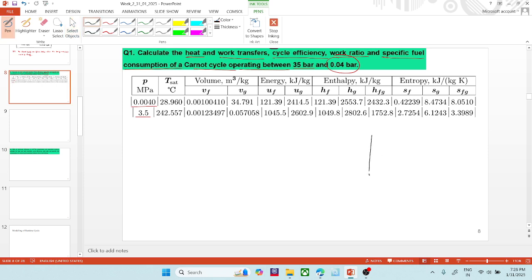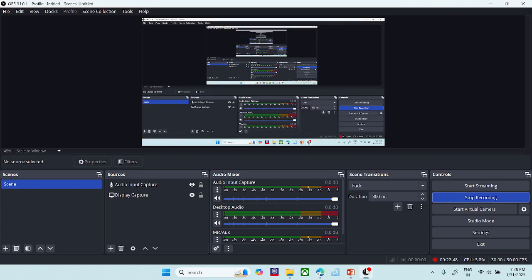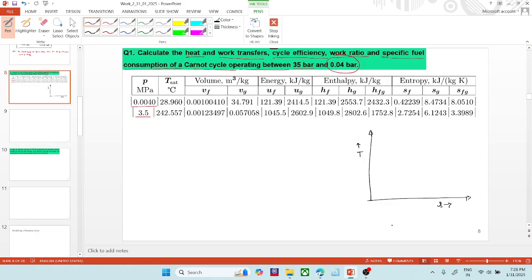Let me draw it. These two axes are temperature and entropy, and this is the vapor dome. Sorry about my drawing. It should be like this. It is better now.